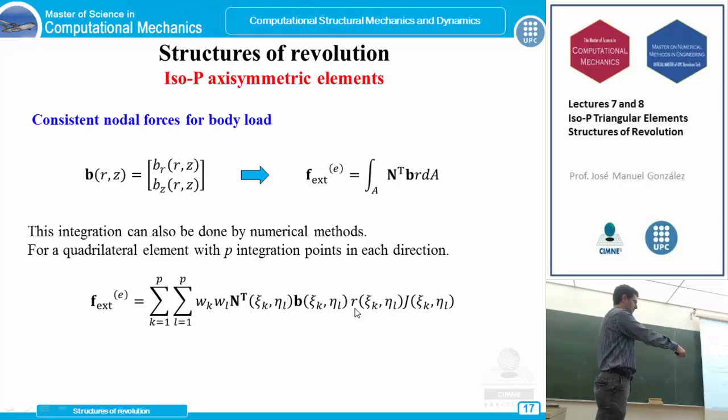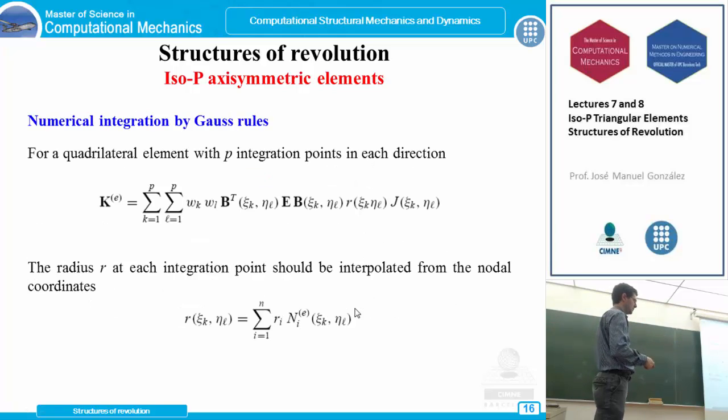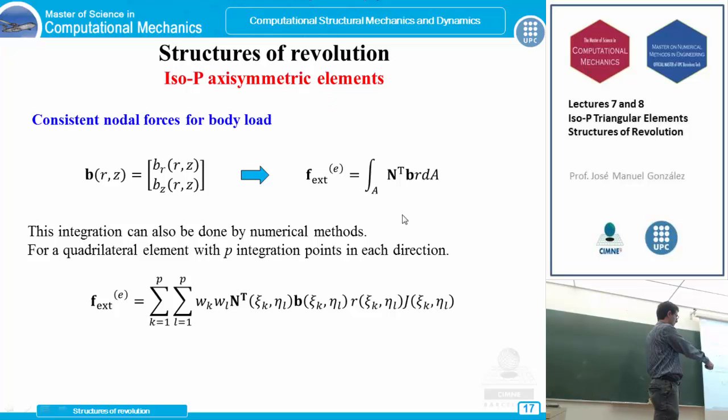This radial coordinate is calculated using the geometric interpolation. This geometric interpolation is calculated using these shape functions, the same shape functions used for the displacement component. So this geometric interpolation is used here to calculate this value, taking into account that this summation operator is calculated in the Gauss integration points.